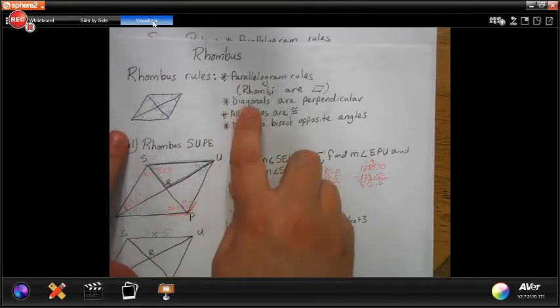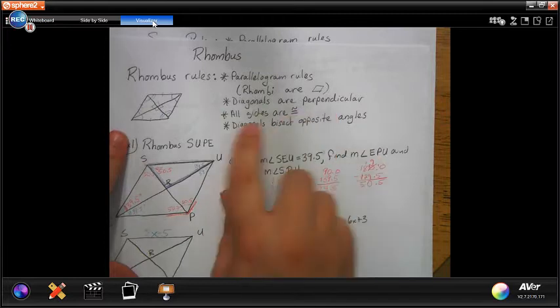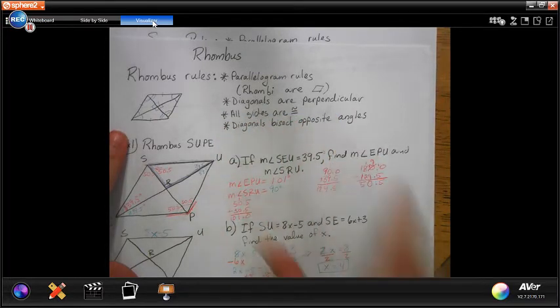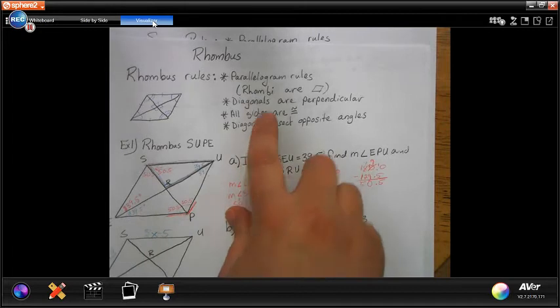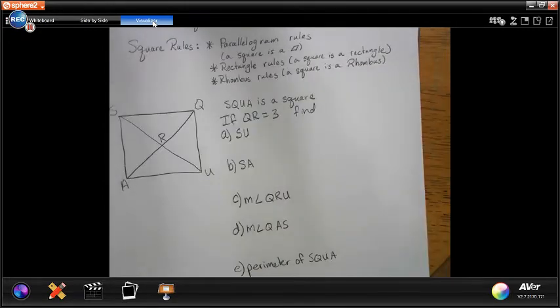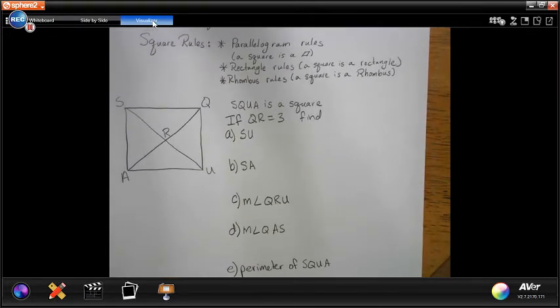The special things that a rhombus has are that the diagonals are perpendicular, all sides are congruent, and the diagonals bisect opposite angles. So those are all of the rules that apply for squares. A square is basically a parallelogram that is also a rectangle and a rhombus at the same time.